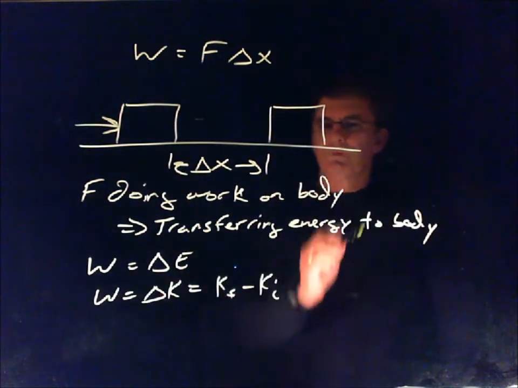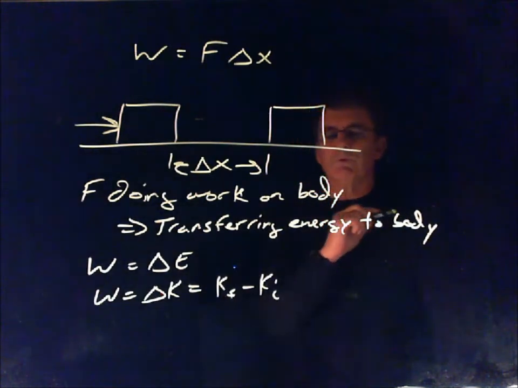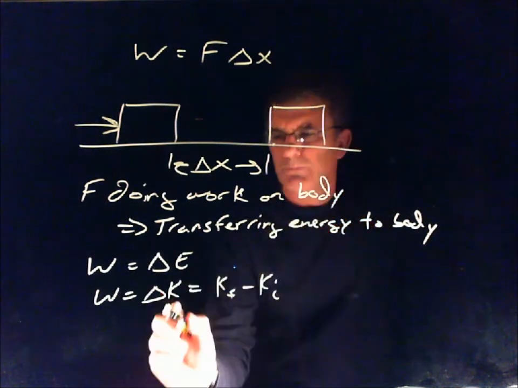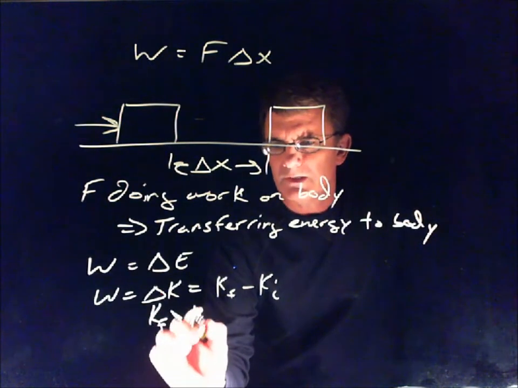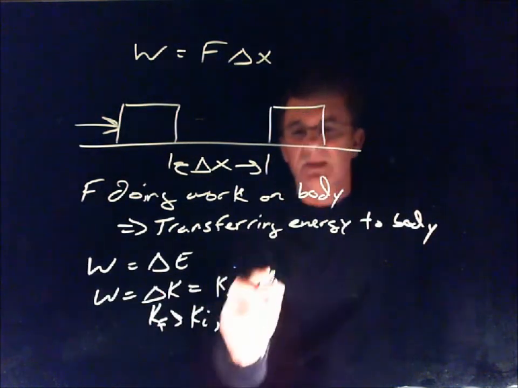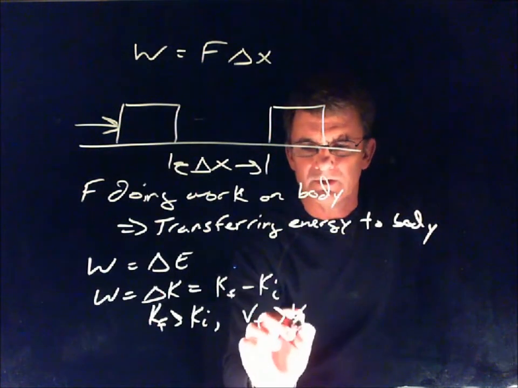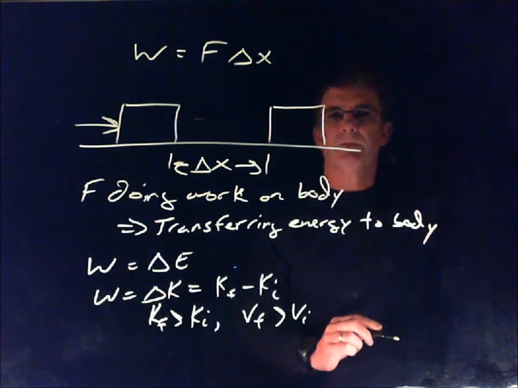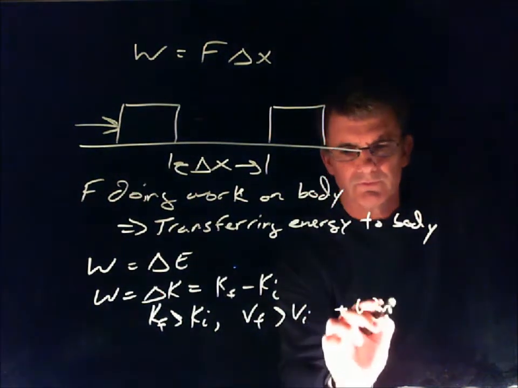And this is really important to recognize when we're dealing with work and kinetic energy, because if final kinetic energy is greater than initial kinetic energy, and this happens when our final velocity is greater than the initial velocity, then this is the positive work that I was referring to a few minutes ago.